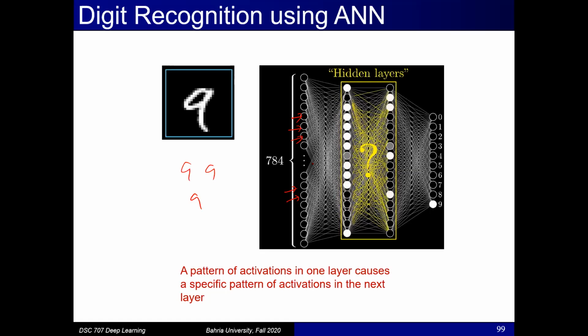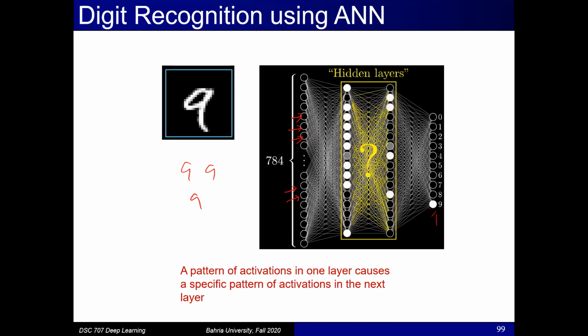For example, when I feed 9, and the weights have been learned, when I multiply these inputs by the weights, I get maybe a pattern like this. And then when these values get multiplied by these weights, maybe I get a pattern like this. And for this pattern in this layer, I get a high value on the last layer for this last neuron. So in other words, you cannot tell what features these layers are actually learning.